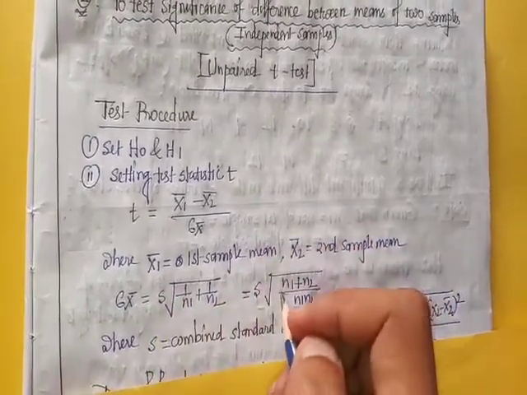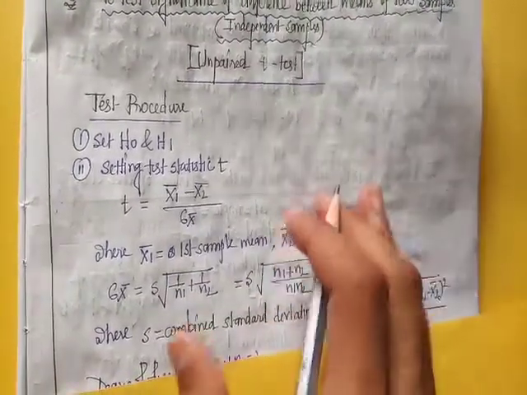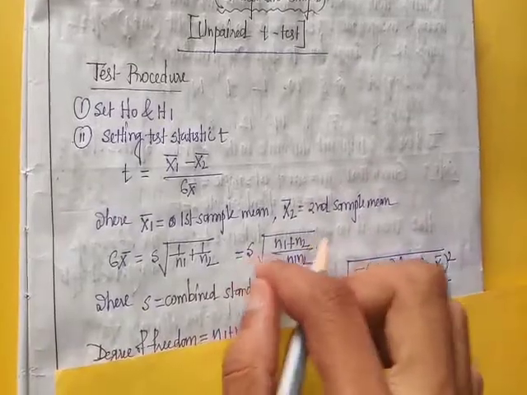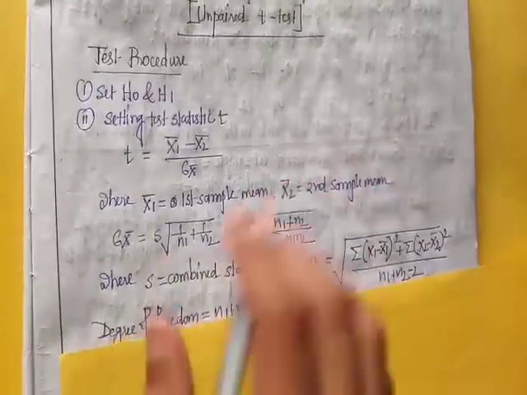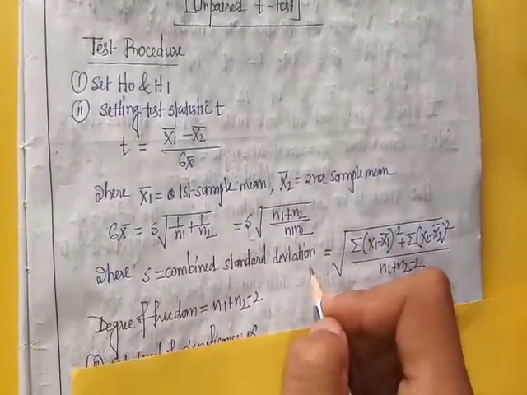This equals s into root over n1 plus n2 by n1 n2, just a simplification, where s is called the combined standard deviation.